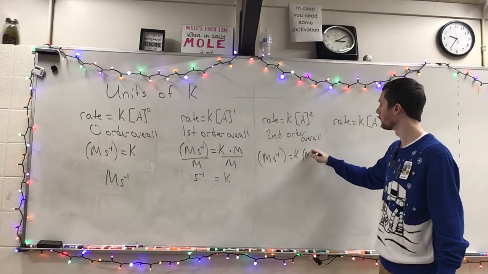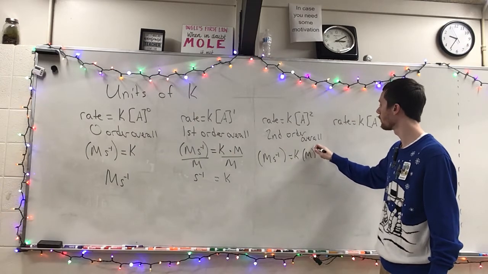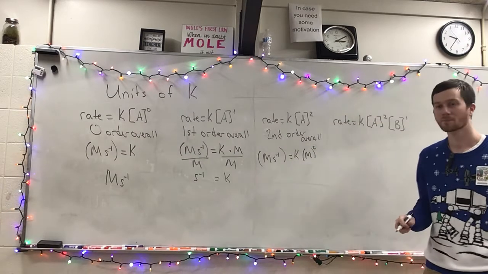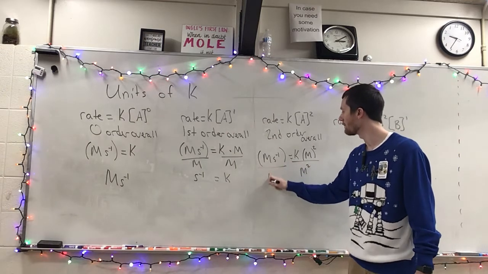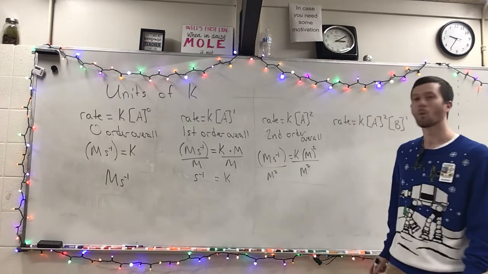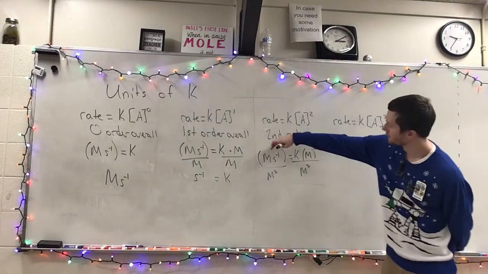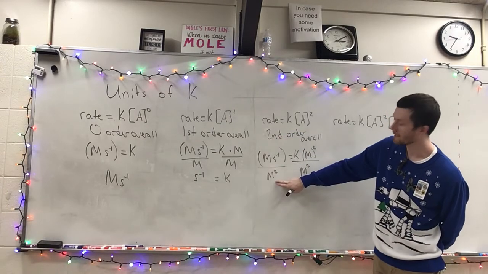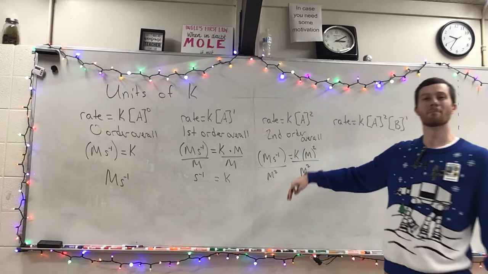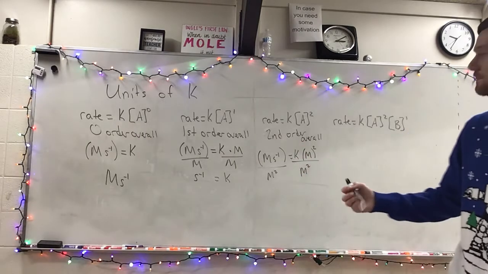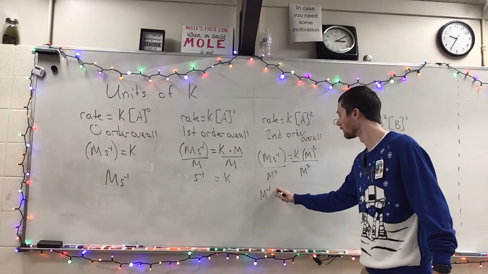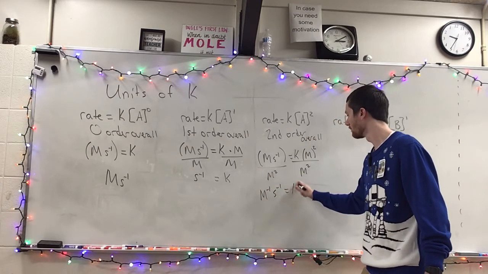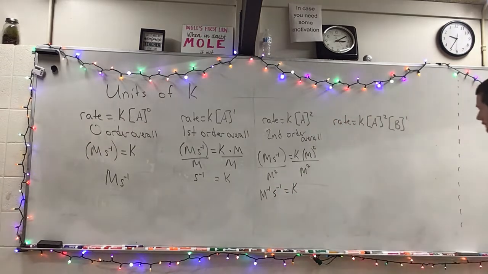So we're dealing with molar squared as our unit. If we divide both sides by this molar squared to get k by itself, this M gets canceled by the M on the bottom, but then this M on bottom is still there. And for that reason, it can be rewritten as inverse molar inverse seconds for our units of k.